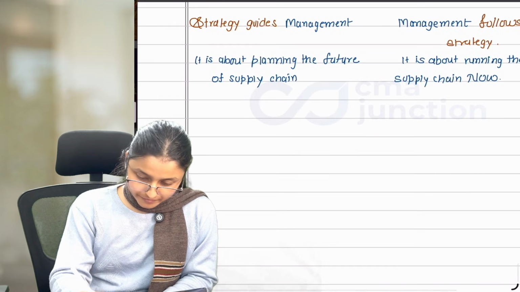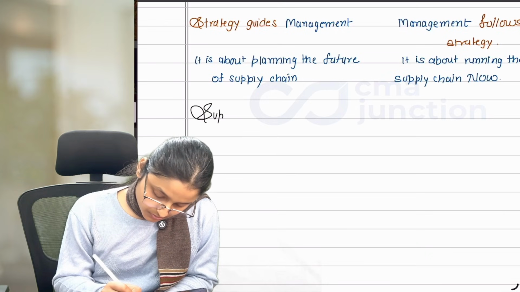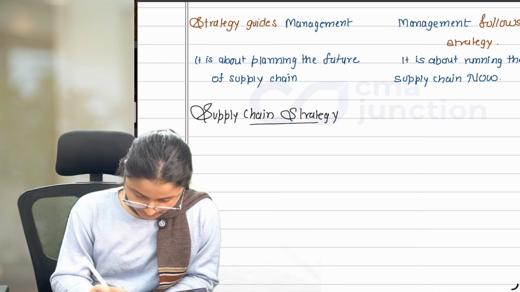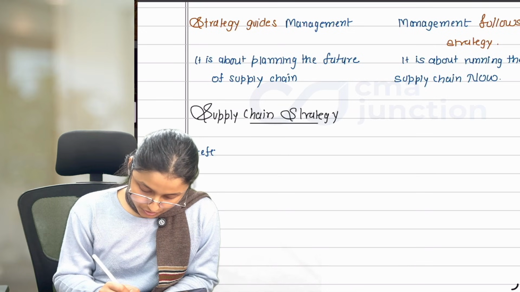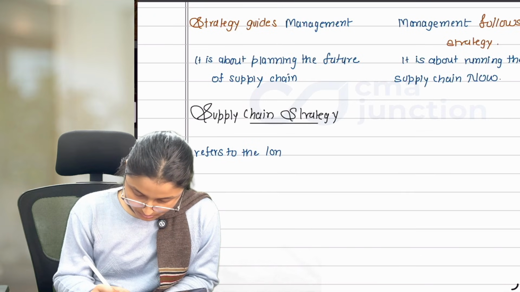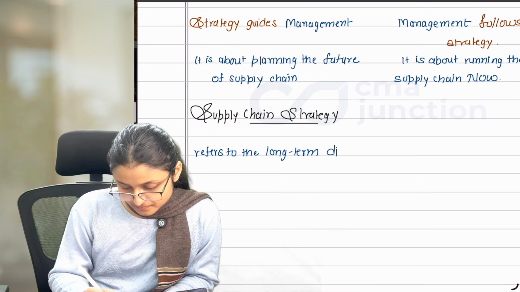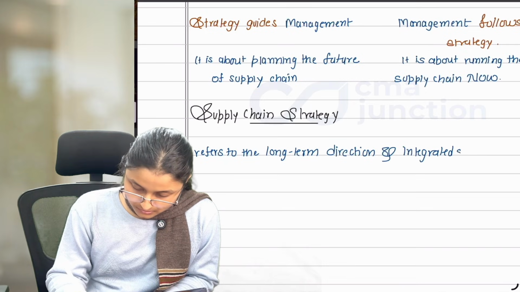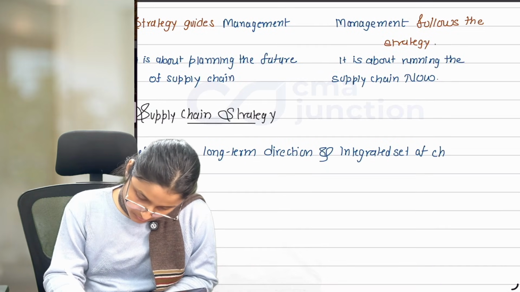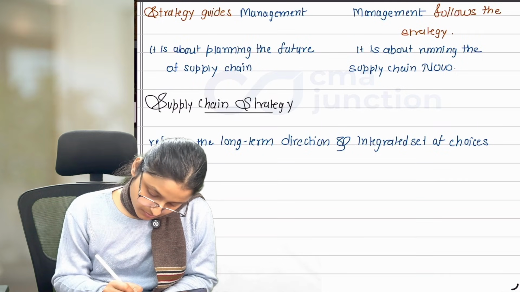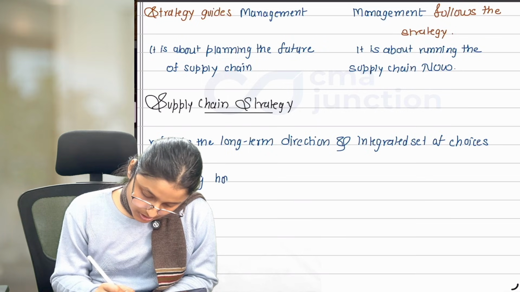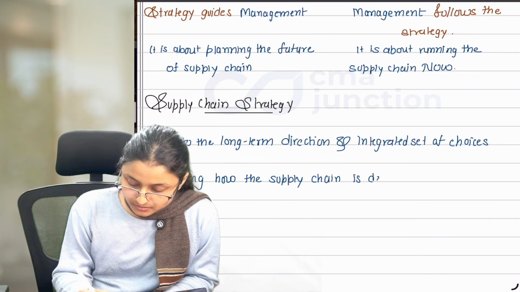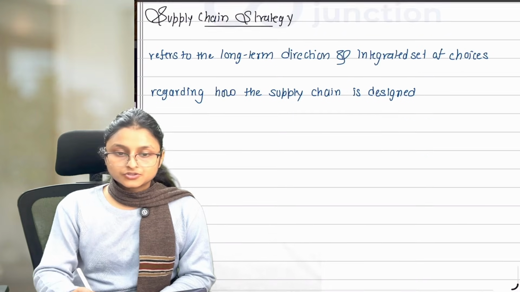Done. Now we will write the definition of supply chain strategy. Supply chain strategy refers to the long-term direction and integrated set of choices regarding how the supply chain is designed to achieve competitive advantage.